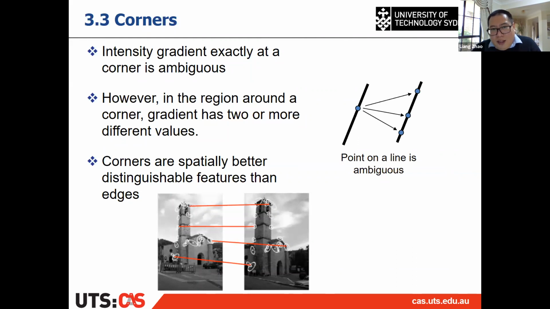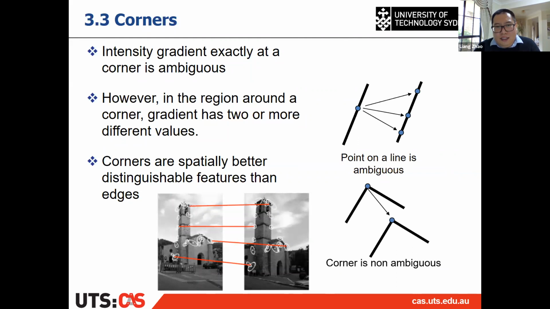As we can say, the intensity gradient exactly at a corner is ambiguous. This is different from a line. From a line point, you can find one gradient: the gradient in this direction will be large, and in the other direction will be small. But for a corner, it's a little different. At the corner point, you can't detect much from the gradient.